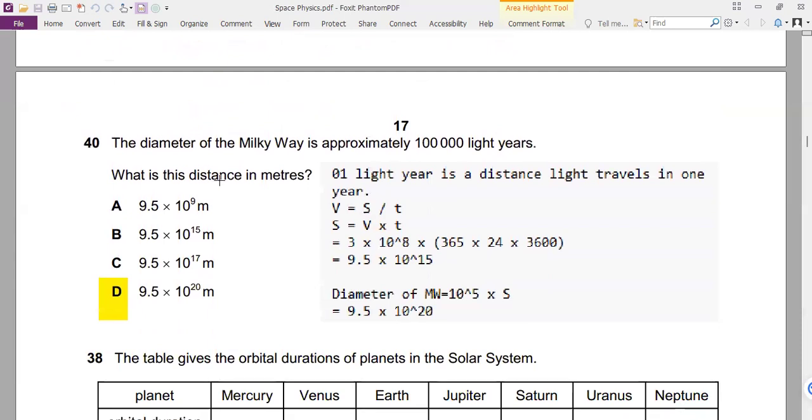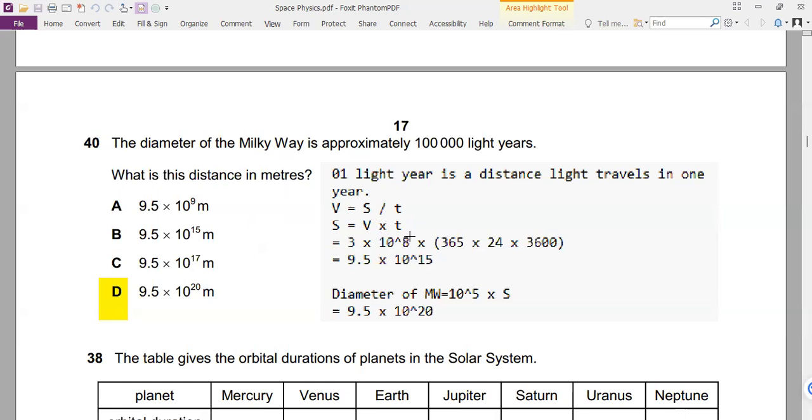Here, the distance in meters of the galaxy, sorry, not the distance, the diameter of the galaxy is this. So what is this distance in meters? First of all, 100,000 light years. Look at the calculation from the speed distance time formula. Speed is equal to distance over time. Distance is equal to speed multiplied by time.